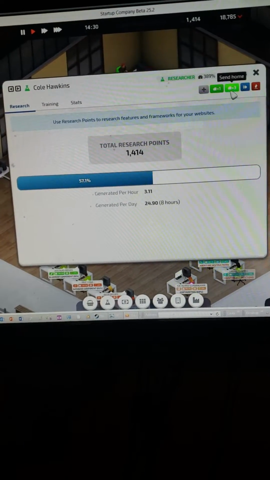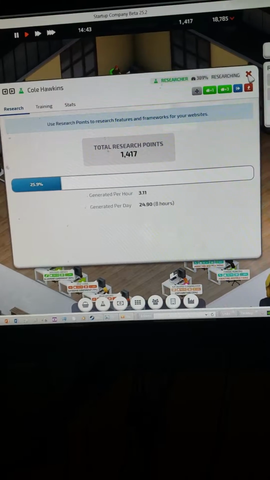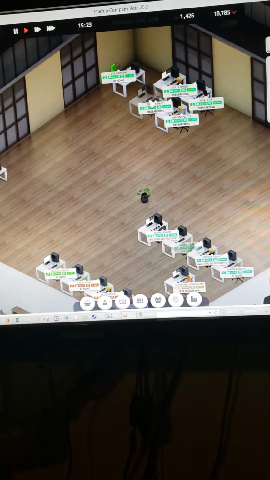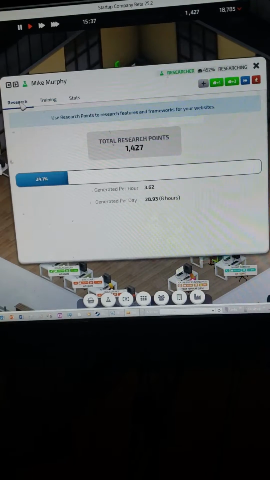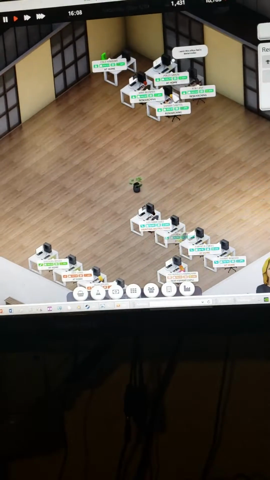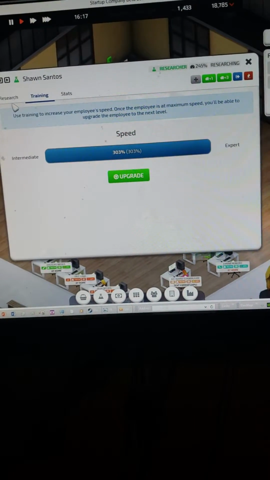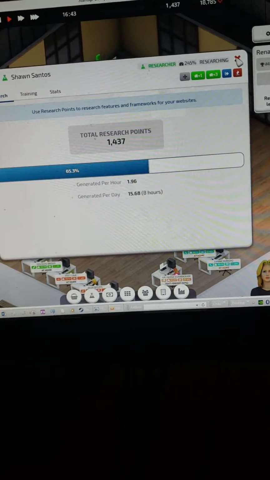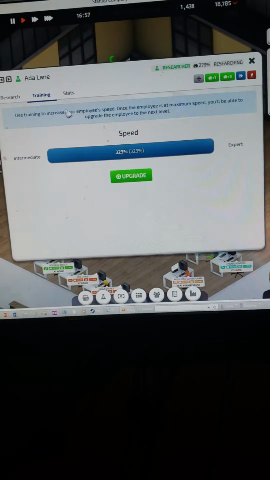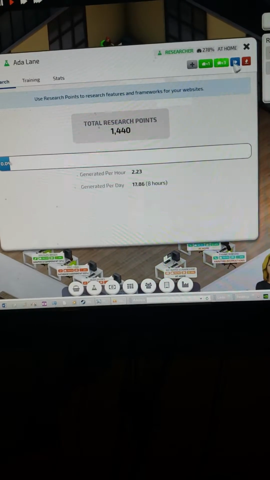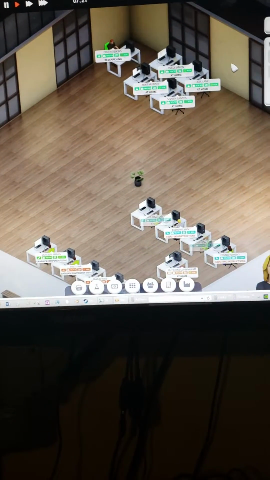That's 325 plus 23, that's 48, plus 29, that's 77, plus 16, that's 92, plus 18, that's, I should be getting 110 research points per day, and it's not really adding up to that.